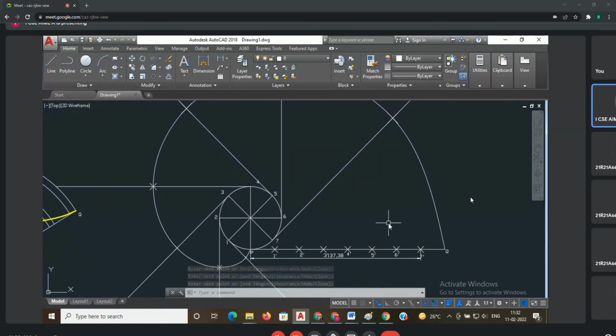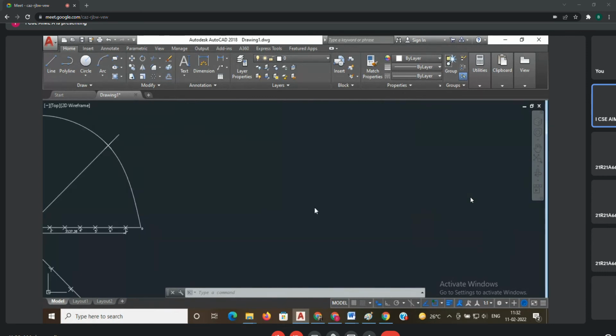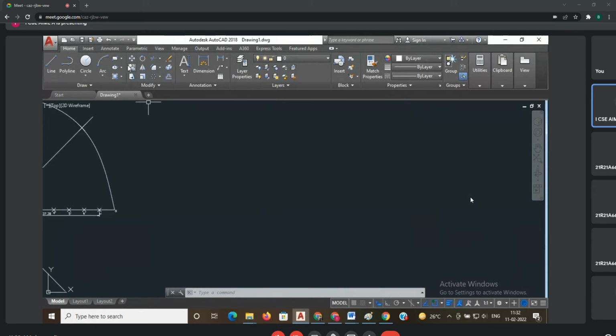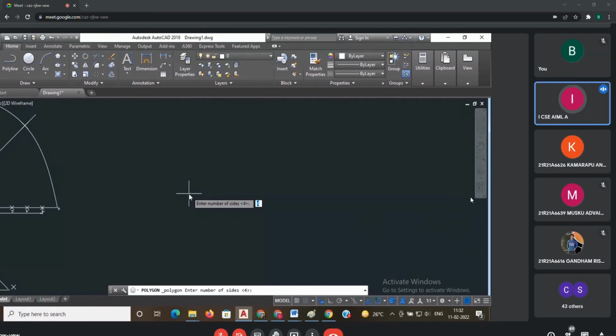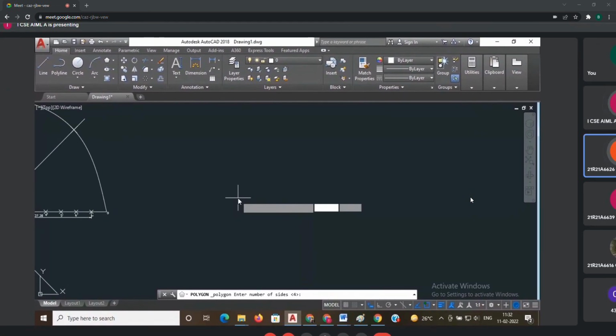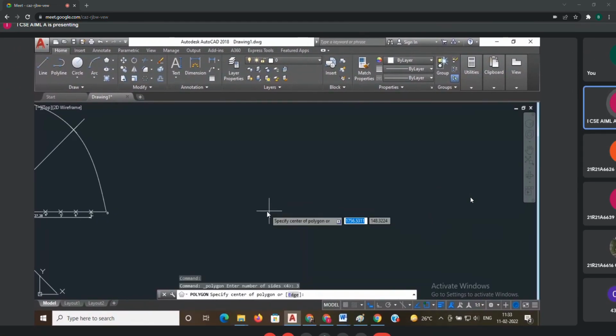But for the same involute, if they ask about the polygon, how to draw it? See, for the polygon it's very easy. Go here, draw tools, drawing commands, polygon, select number of sides. First, I will take a triangle, 3 sides, press enter, and don't select the center of the polygon.